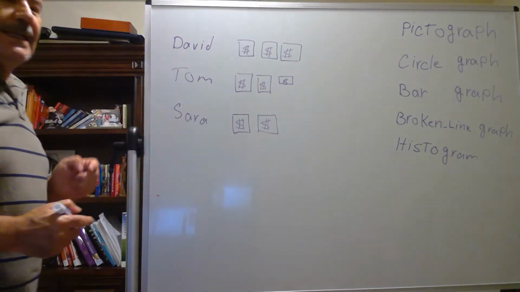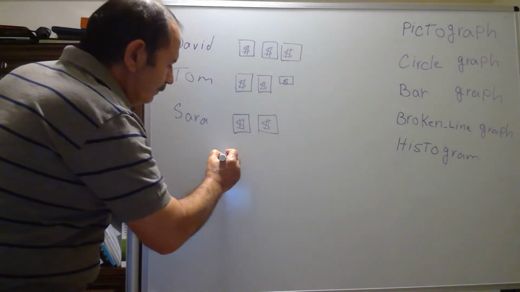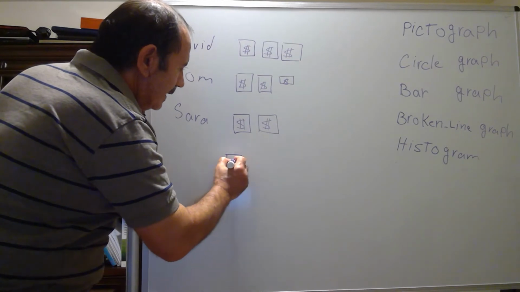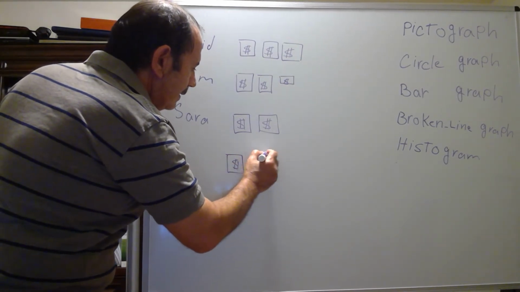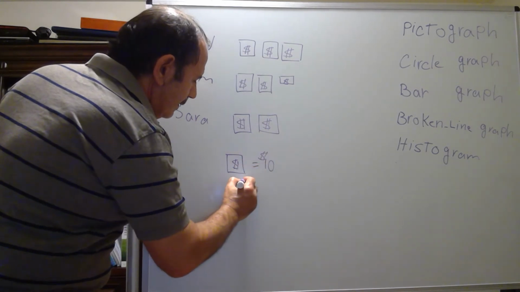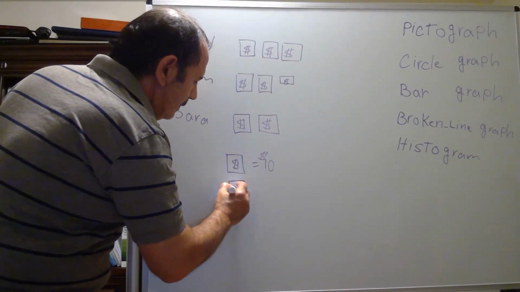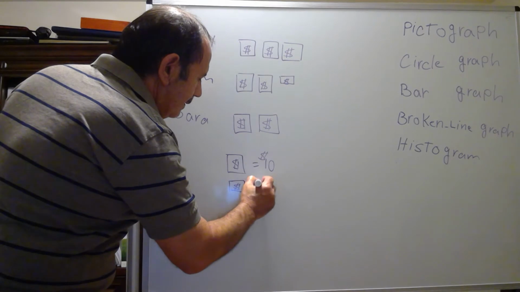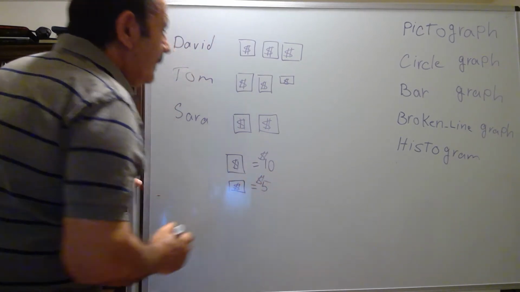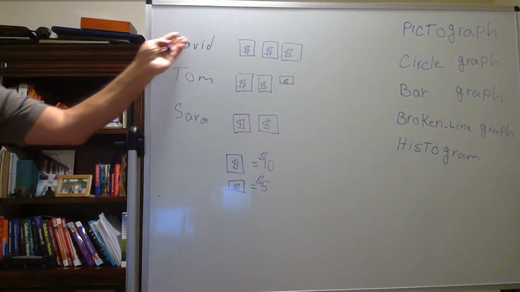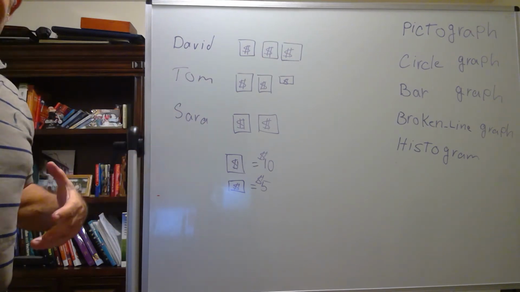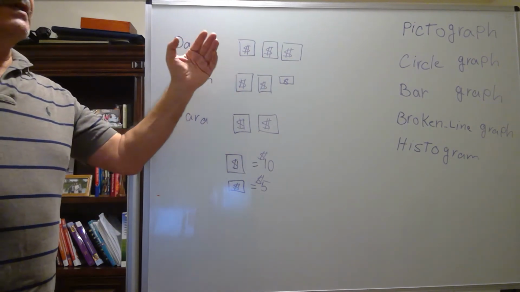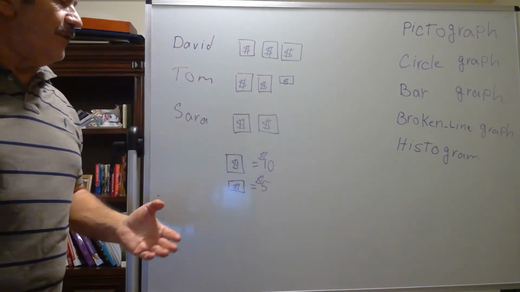This graph we call a pictograph, which uses pictures or symbols to show the information.